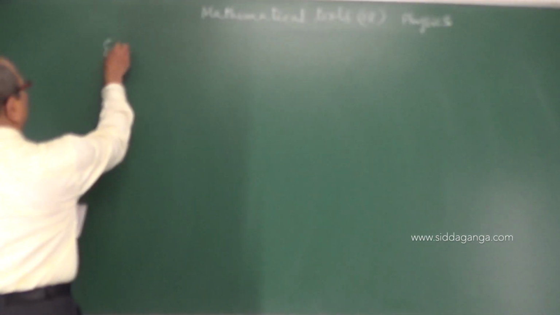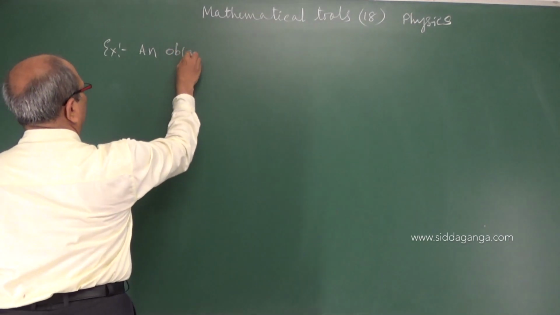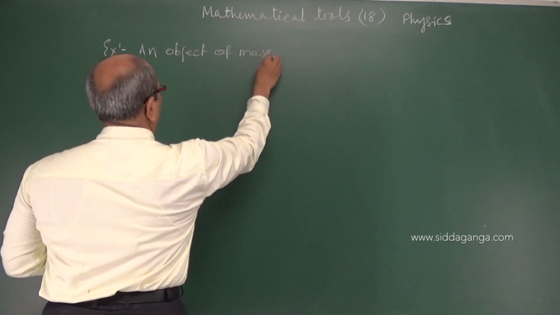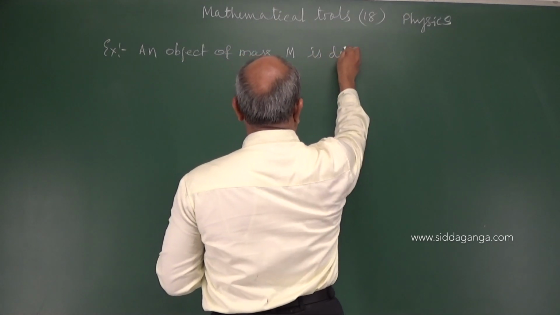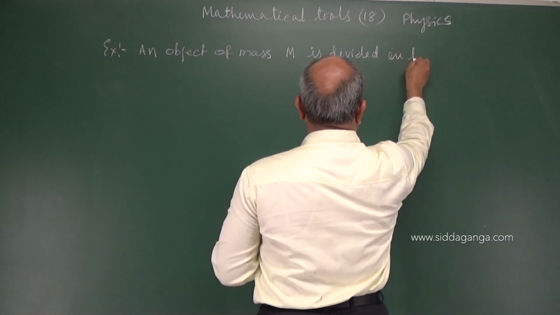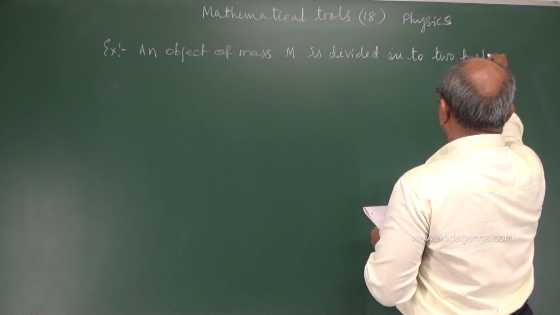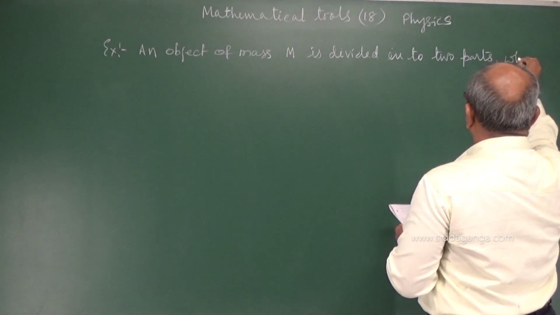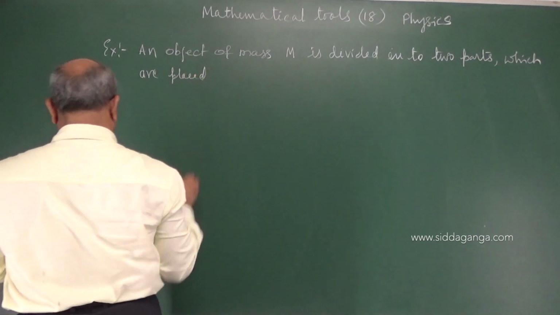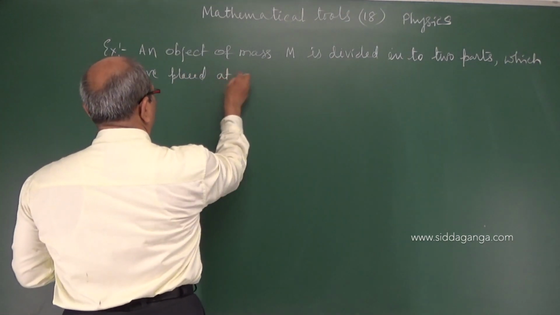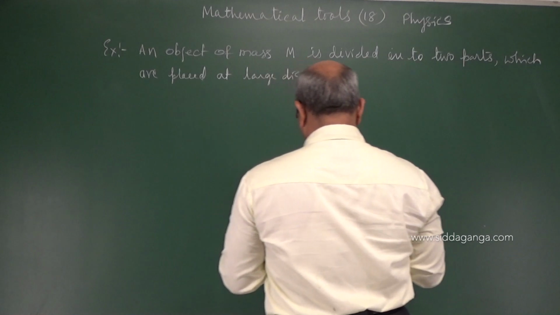So let us take an example. An object of mass capital M is divided into two parts, which are placed at a large distance apart.